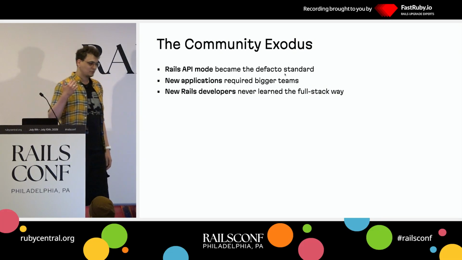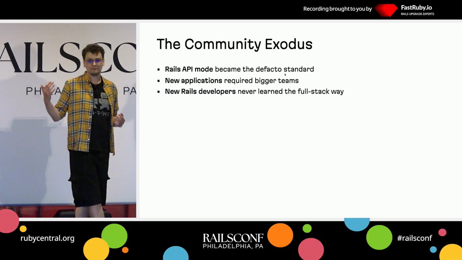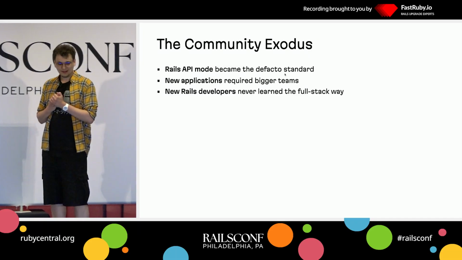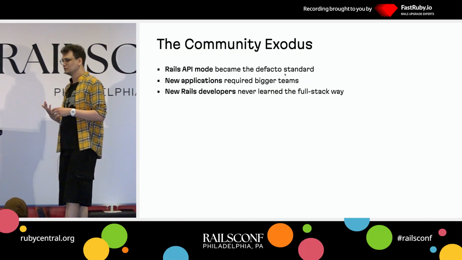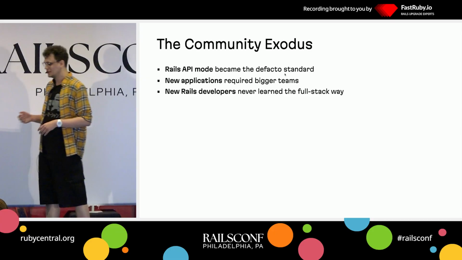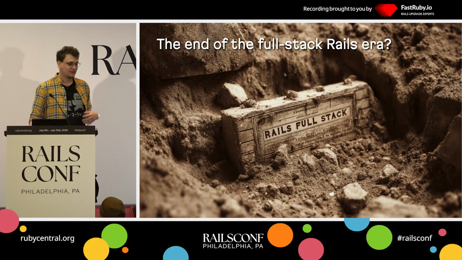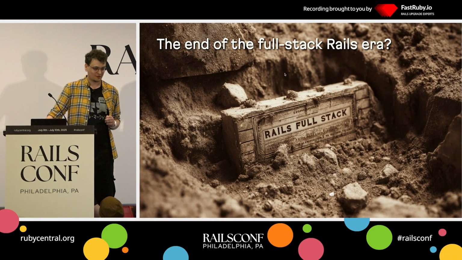A major part of the Rails community seemed to abandon the full stack idea, and the whole generation, including me, of Rails developers seemed to be unaware of the full stack potential of Rails. Was it really the end for full stack Rails? Or did Rails just quietly wait for the right time to strike?